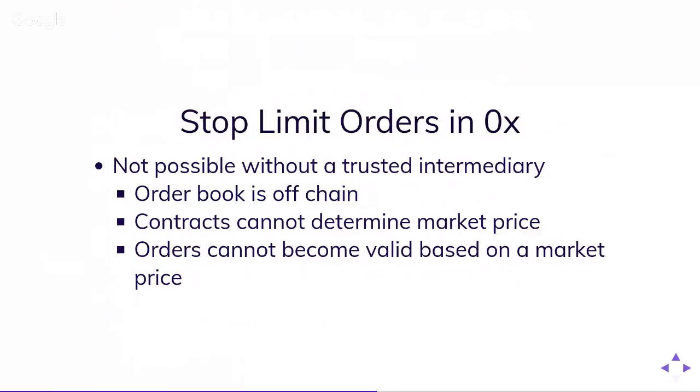But there's not a way to do that in a totally trustless way, where that person that you were trusting to set the market price couldn't just lie and take your assets, saying, oh, well, the price for these fell to zero, so I sold them all for you. Sorry. Oh, I also happen to be the buyer on the other end of that transaction. So anyway, stop limit orders aren't really a thing in 0x.